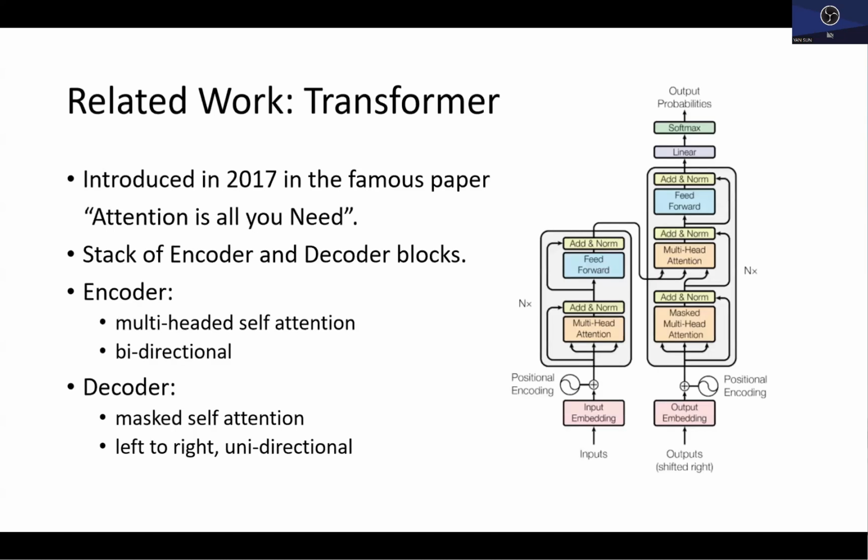Let's start with Transformer. Transformer was introduced in 2017 in the famous paper Attention is All You Need. And since then, it became the bedrock for the large language model. Transformer is actually a stack of encoder and decoder blocks. For the encoder, the thing I want to mention is that it uses multi-headed self-attention.